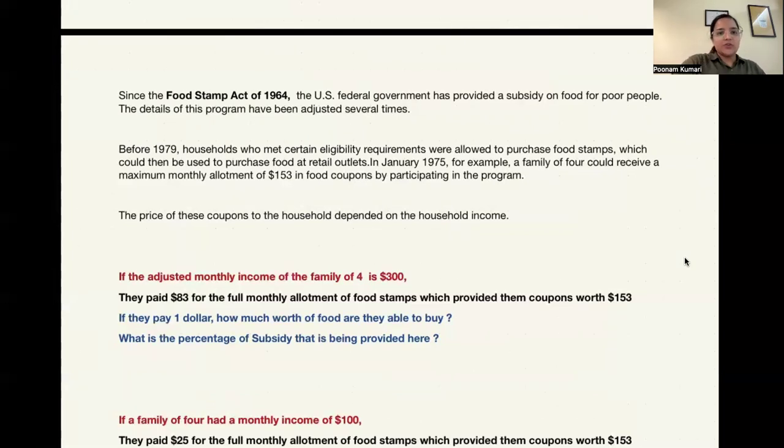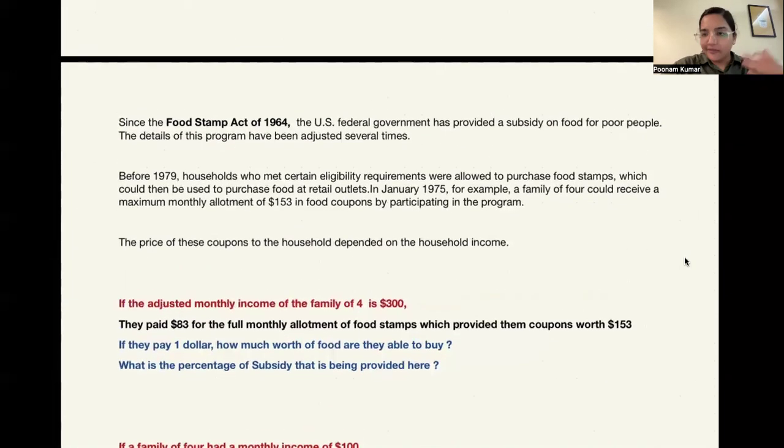All right. So there was a Food Stamp Act of 1964 by the US government, wherein they used to provide subsidy on food. The subsidies were provided in different formats. So now I am explaining one of the formats which was applicable.